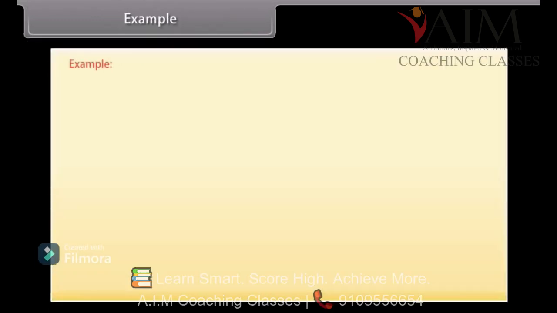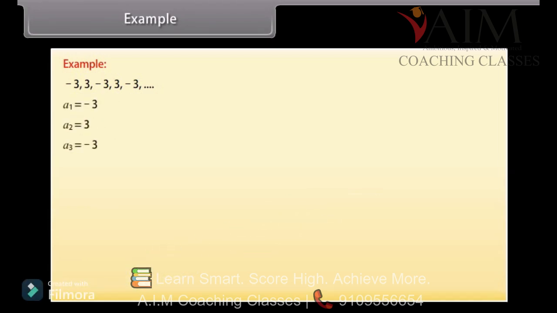Example. Let us now solve some examples. Observe this sequence. We will find out whether these numbers form an AP or not. Here A1 is minus 3, A2 is 3, A3 is minus 3, and so on.